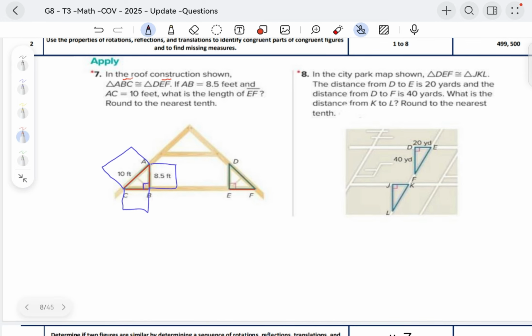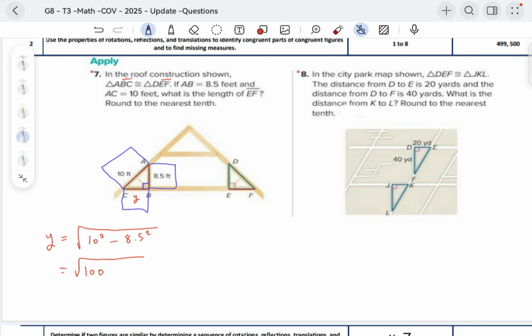So let's assume that the side length CB equals y, equal to the square root of 10 squared minus 8.5 squared. 10 squared is 100. 8.5 squared, let's multiply. 85 times 85, we're going to remove the decimal point, multiply, and then put the decimal point back again. 5 times 5 is 25, 5 down and 2 up. 5 times 8 is 40, plus 2 is 42. 8 times 5 is 40. 8 times 8 is 64, plus 4 is 68.